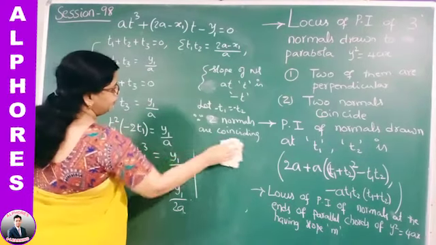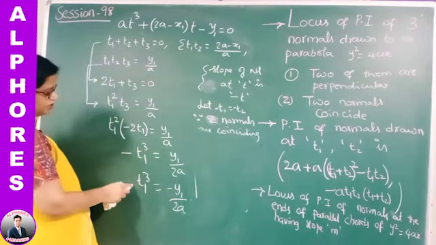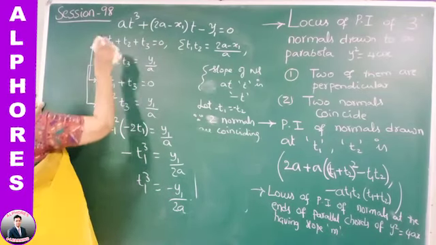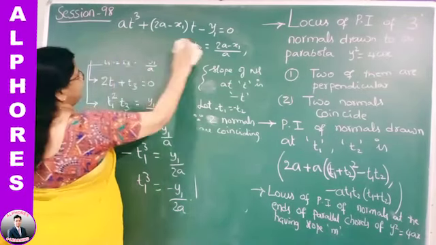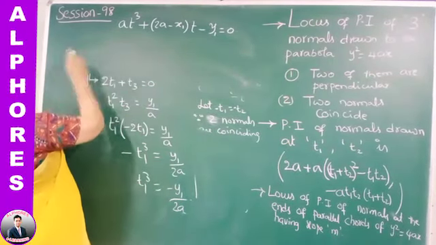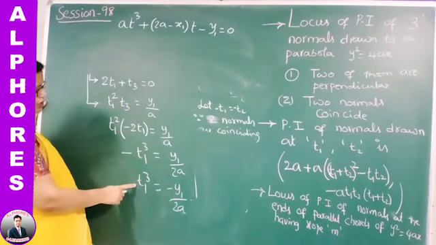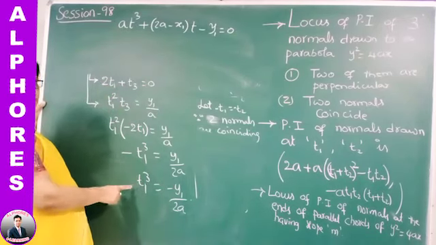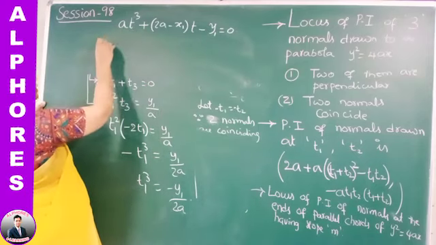So now I am preferring the method of substituting this value in the equation. So if I substitute the value in this equation, then what about our values? It is A T cube, because T1, T2 are roots of this equation. That is the intention of substituting again in this equation.